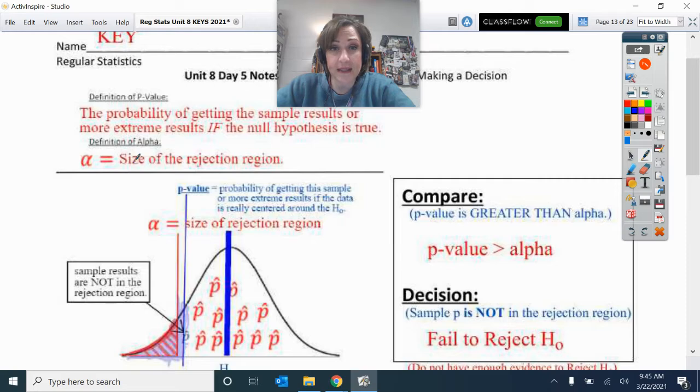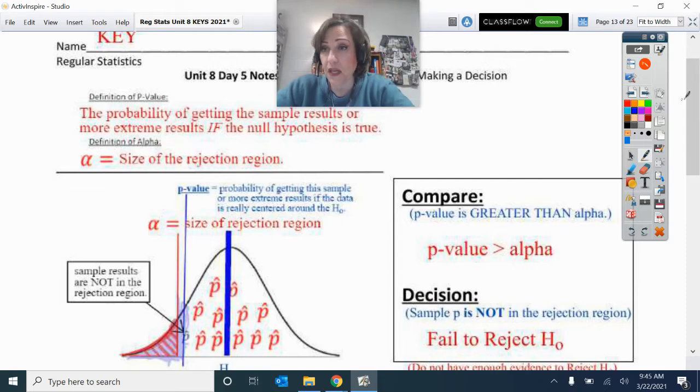That is this size and the location and the proportion of samples that would lead me to say, hey, this sample is really far away. I am going to reject the null hypothesis.